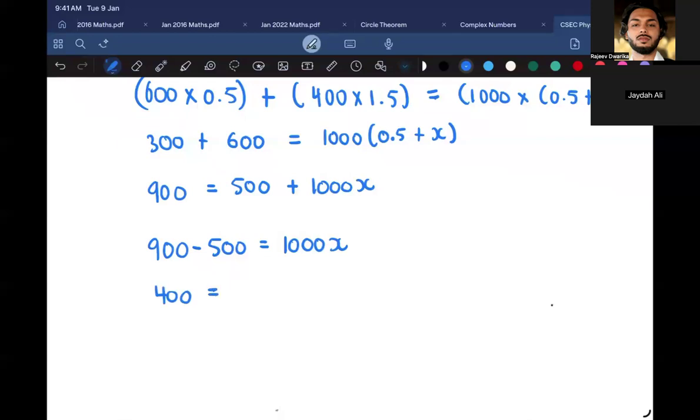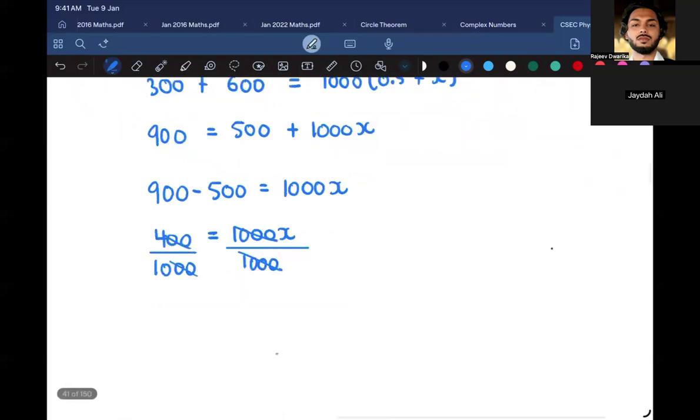Right, so 400 will be equal to 1,000x. So to find 1x, what do you do to both sides? You divide by 1000, and you would get 0.4 meters. Right, so x would be equal to 0.4 meters.